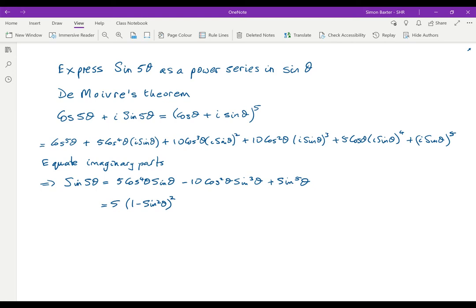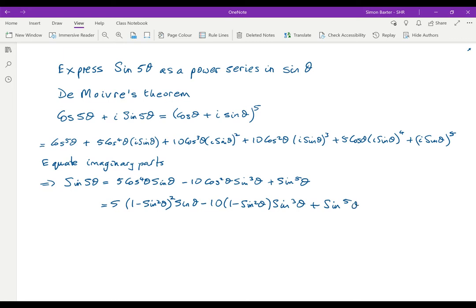I need to multiply by sine theta. Minus 10, cos squared is 1 minus sine squared, times sine cubed theta, plus sine to the power 5 theta.